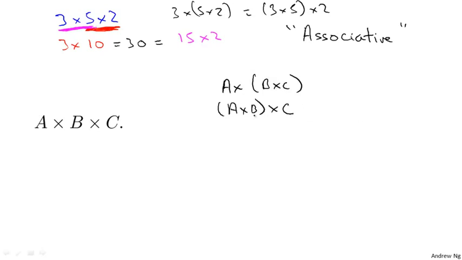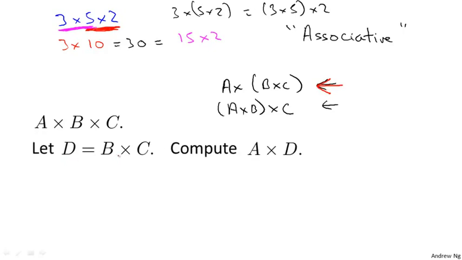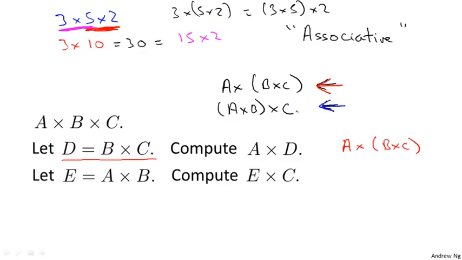Just to be clear what I mean by these two cases, let's look at the first one. If you actually want to compute A times B times C, what you can do is first compute B times C, so that D equals B times C, then compute A times D. And so this is really computing A times B times C. Or, for the second case, you can set E equals A times B, then compute E times C, and this is then the same as A times B times C. Both of these options are guaranteed to give you the same answer.